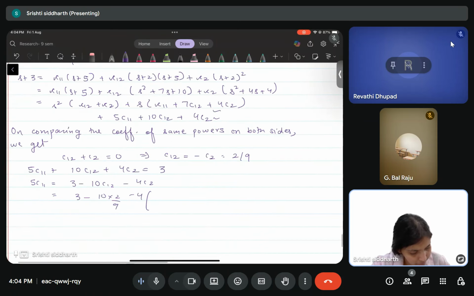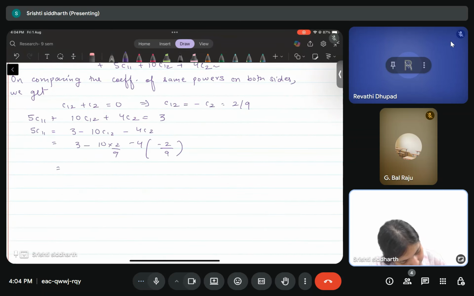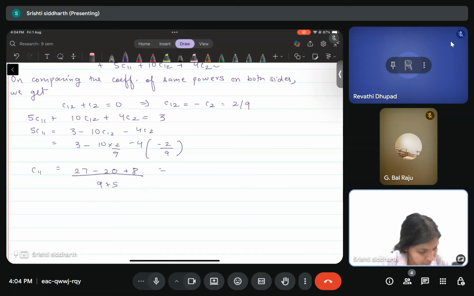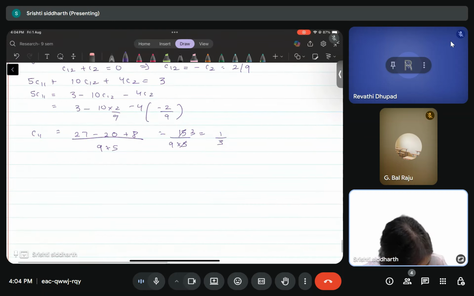This is minus 2 only. So we need 5 C11. Yeah, this is 1 over 3. So we already have the 3 coefficients. So C is simply going to be 1 over 3, 2 over 9, minus 2 over 9.